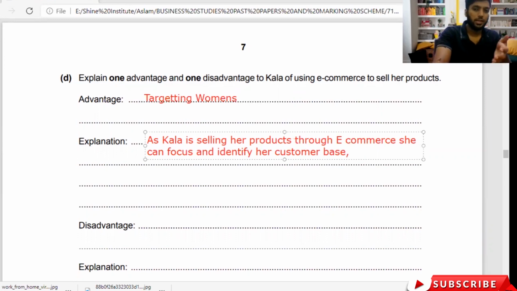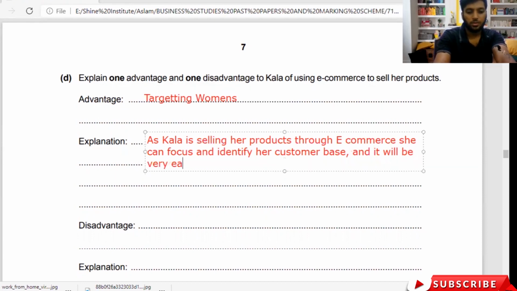Once she is selling the product through e-commerce, she can focus and identify her customer base, and it will be very easy for her to understand the requirements of women.